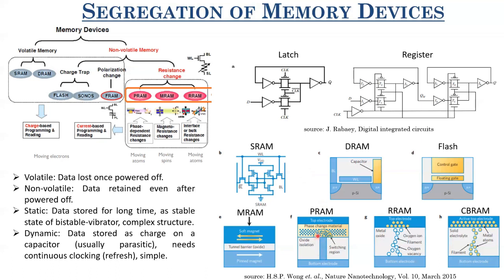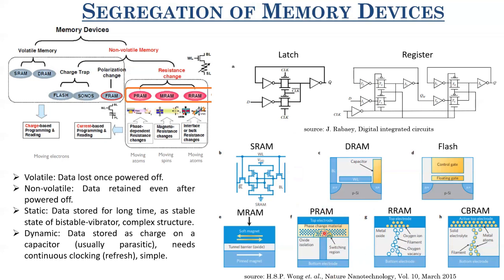If melt quench is fast, then this portion becomes amorphous, and the effective resistance between this electrode and this electrode is large. However, if you apply a pulse for a long period of time, it cools slowly and in the crystalline state. Since this portion is crystalline, the resistance between top electrode and bottom electrode, when you measure it, would be smaller.